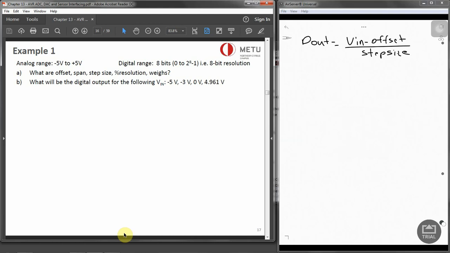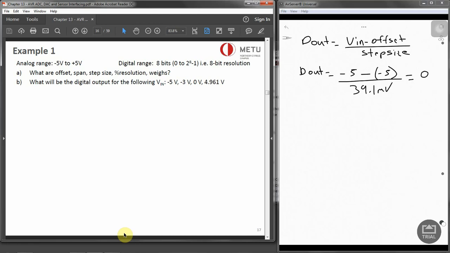In this case, for the first scenario, V in is minus 5. Offset is also 5, and step size is 39.1 millivolts. This was the resolution that we have already found out.